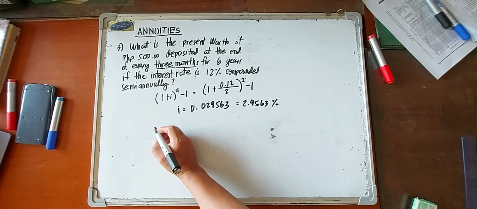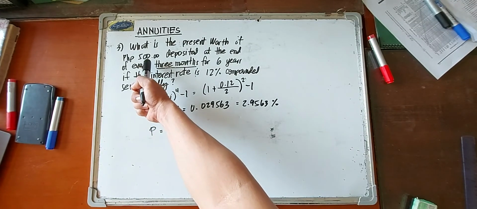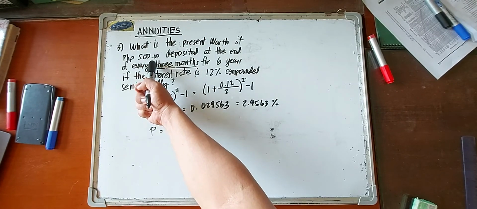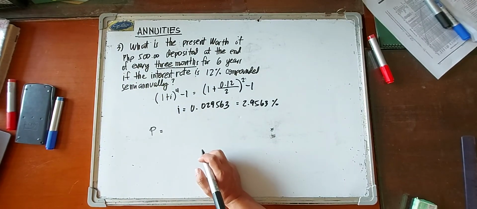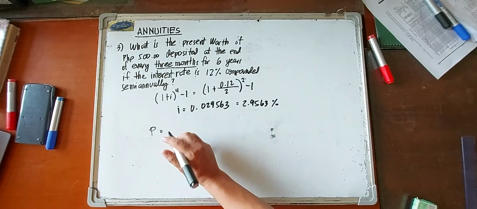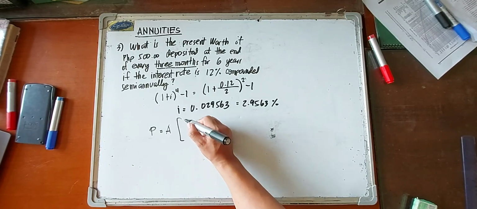Now we can solve for the present worth of these quarterly payments of 500 for 6 years. So we have 500. Let's try to write down the formula first.